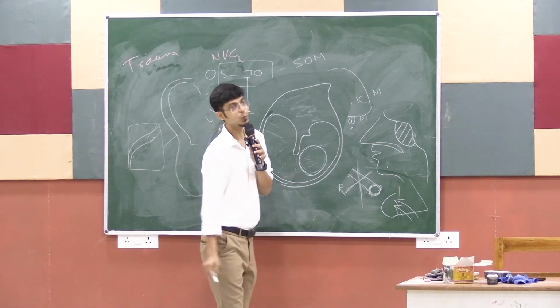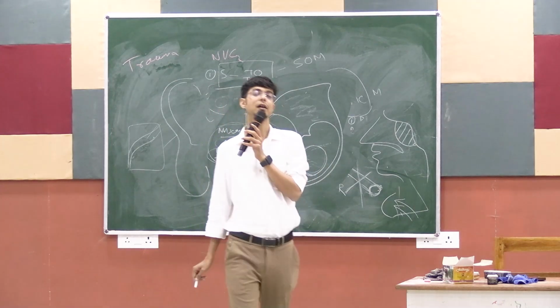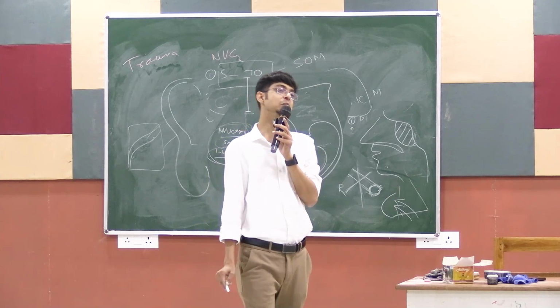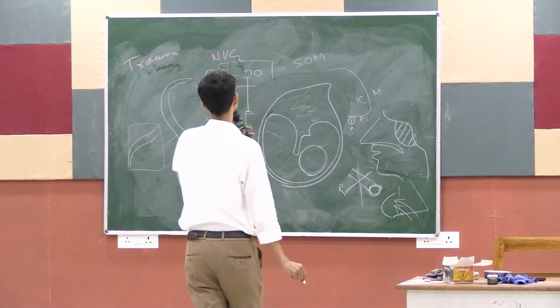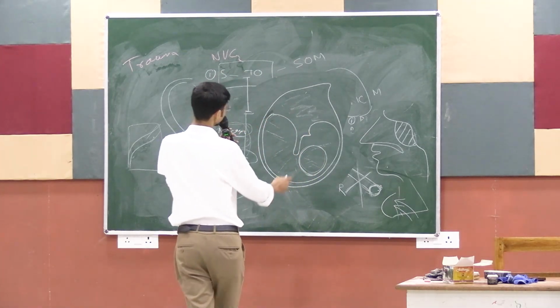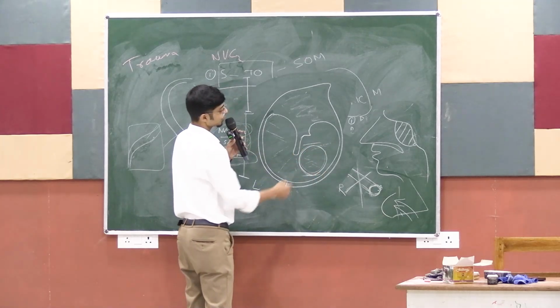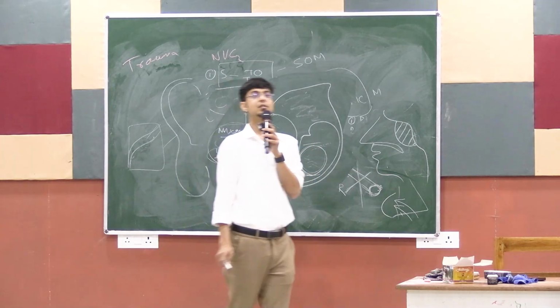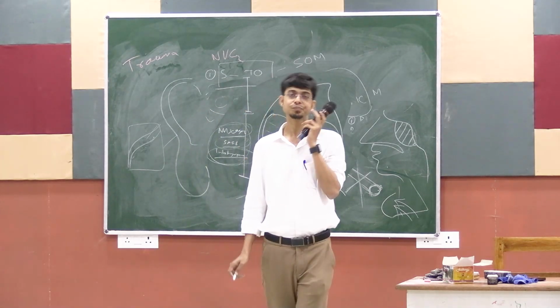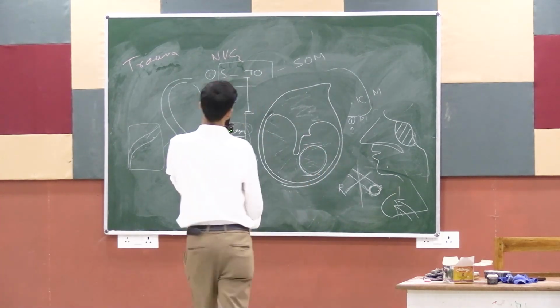Okay. Why is it a safe type? Why do we call it a safe type? Because these perforations in this part of the eardrum usually do not cause major complications. Why? Think about it.